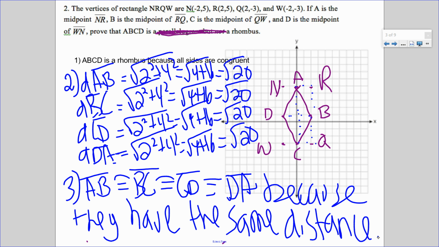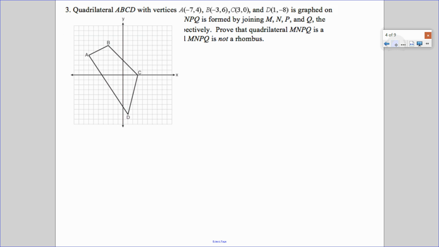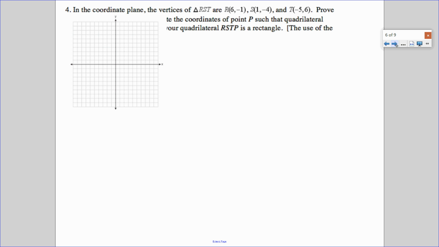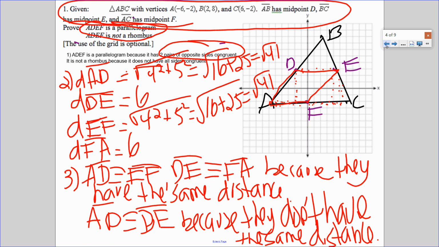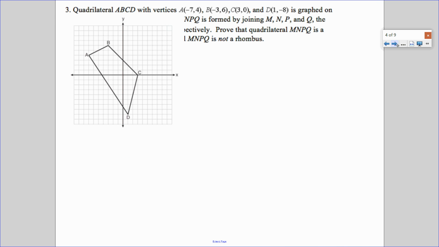So your classwork / homework for today, I want you to do number 3. So basically I want you to do this one for homework, finish the other sheet. I'm going to write it up top. In fact, I'll write it right here.